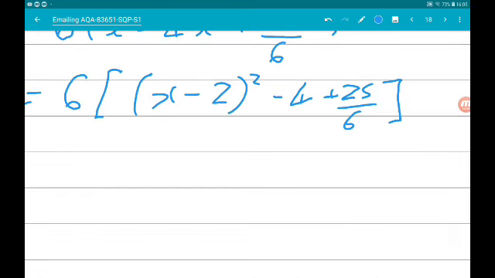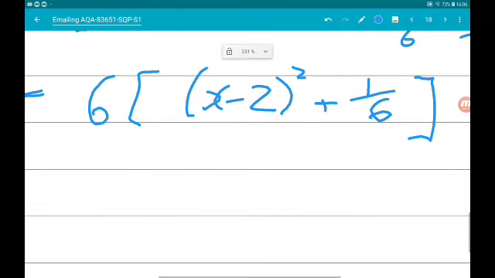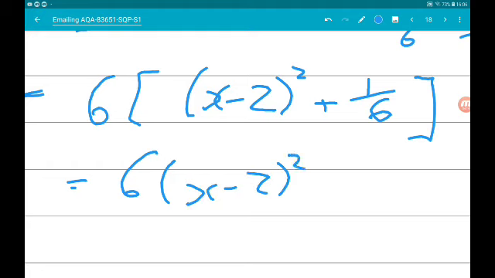Right, so we got 6 lots of x minus 2 squared. Now 4 in terms of 6 is 24 over 6. So we got minus 24 over 6 and 25 over 6, which is 1/6. So if we now let this 6 back in, we got 6 lots of x minus 2 squared, plus 1.